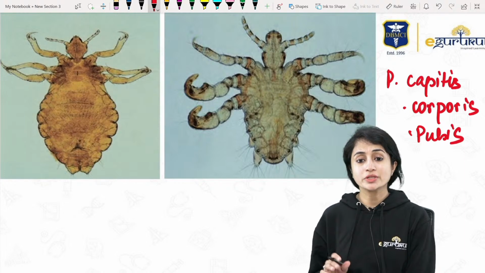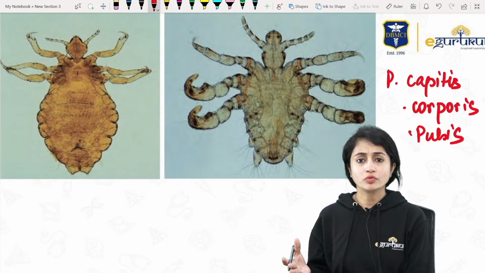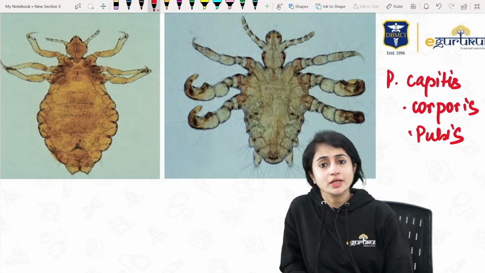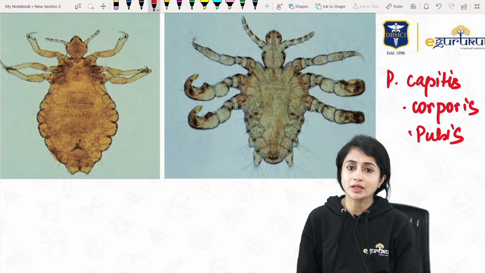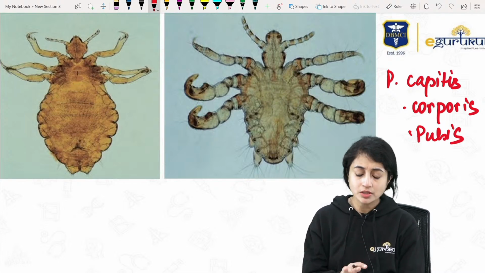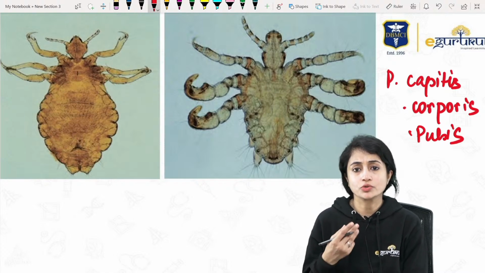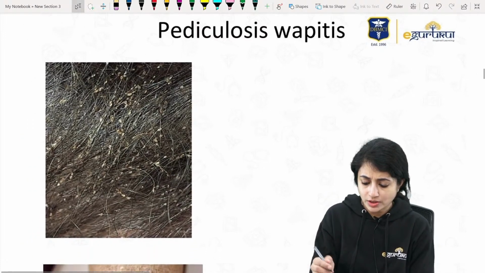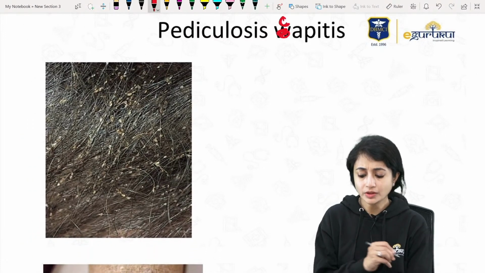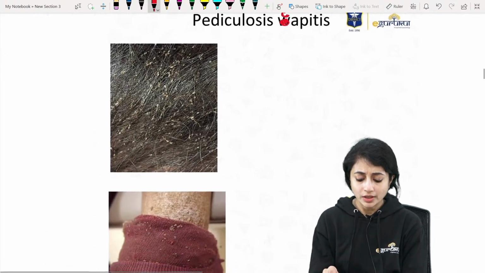Now pediculosis is something very common, lice, which you know of. A lot of you must have experienced that in your school days, having lice on your head. So pediculosis capitis is the infestation of pediculosis on the head.